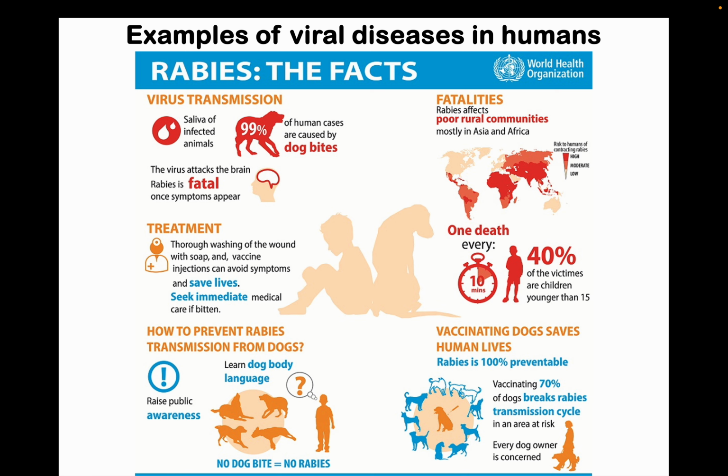It can be categorized as an NTD, a neglected tropical disease, right? Humans get rabies almost 100% of the time via dog bites and scratches. But it can be prevented by vaccination of dogs, and also the prevention of being bitten by a dog.